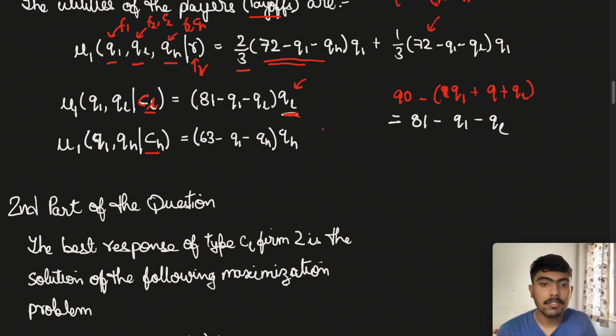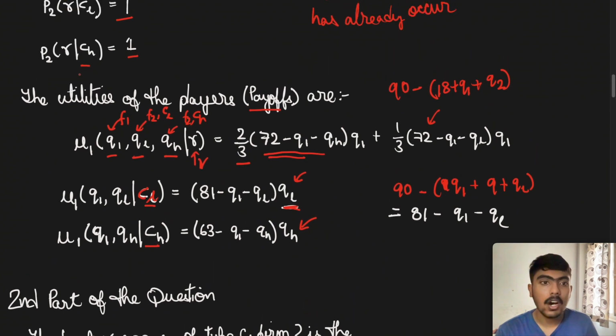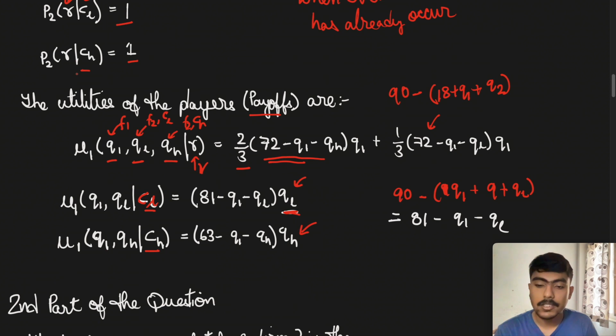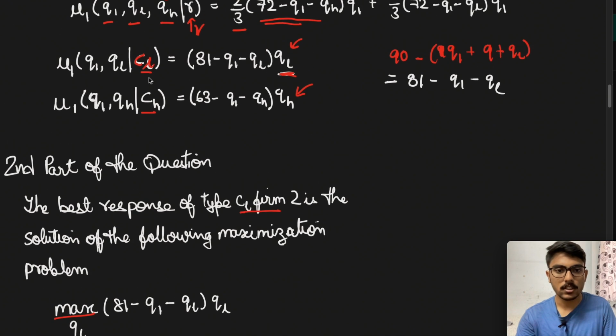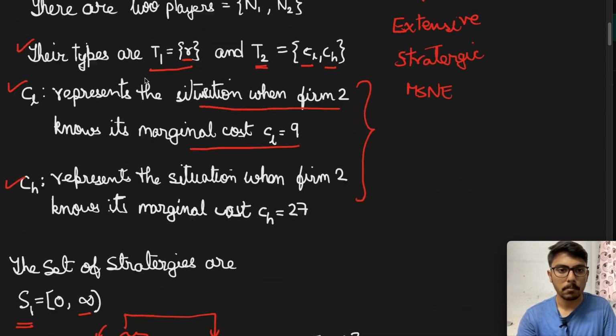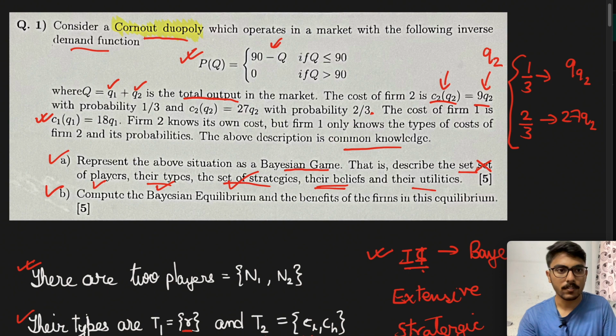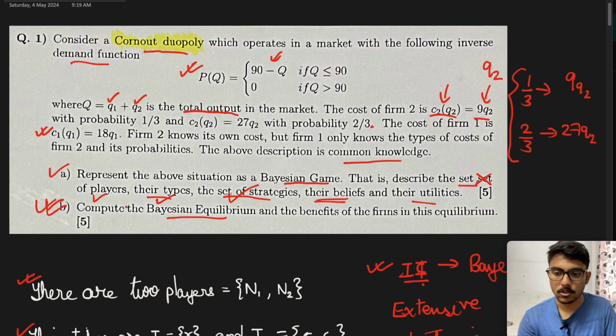Similarly with CH, we will multiply QH. So this is how we calculate the utilities or payoffs for both the companies. Now we come to the second part of the question, which is to find the Bayesian Nash equilibrium of this game and the benefits associated to each of the parties, that is companies that are involved in this game.